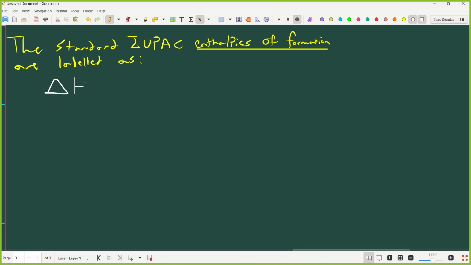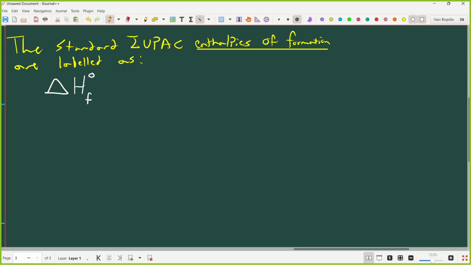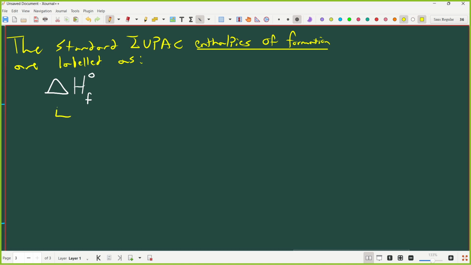The old way is this, delta H F with a circle here. Let's remember what all these labels are. This is change. F means formation. And this means STP, standard temperature and pressure.